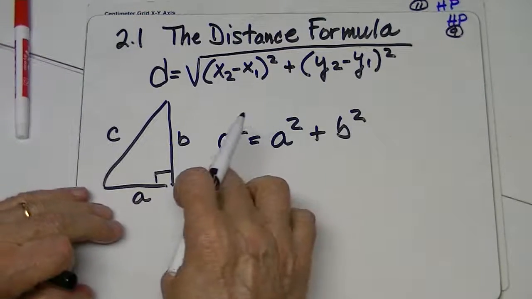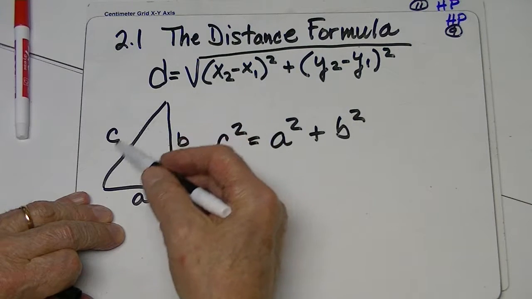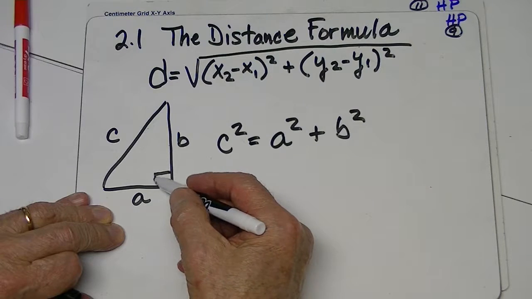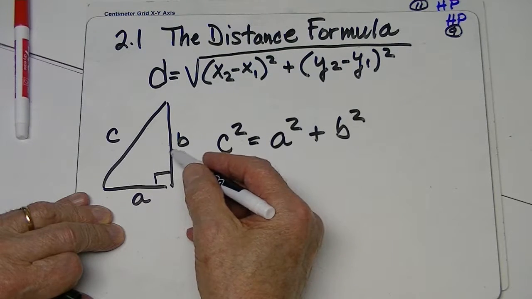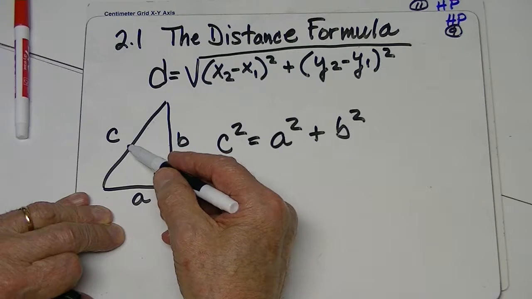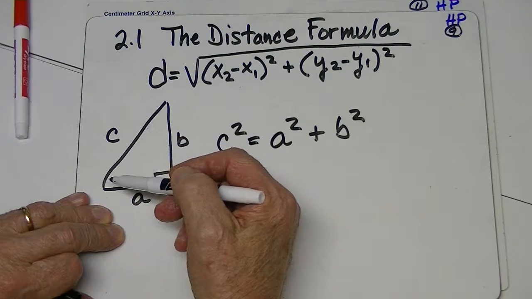You may recall the Pythagorean theorem: if you have a right triangle, we have a right angle between the two legs, and the side opposite the right angle is the hypotenuse.